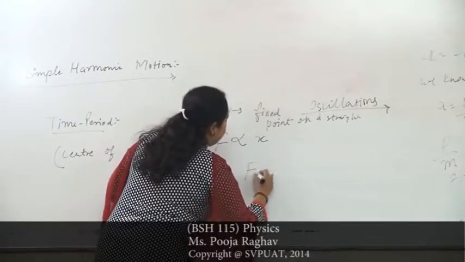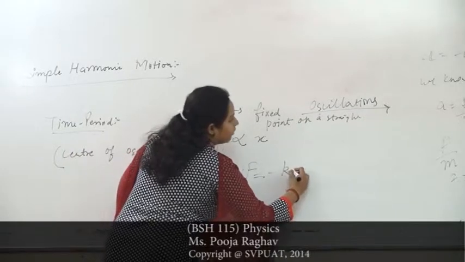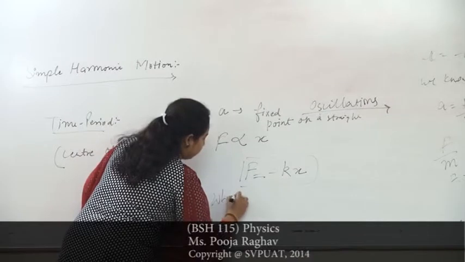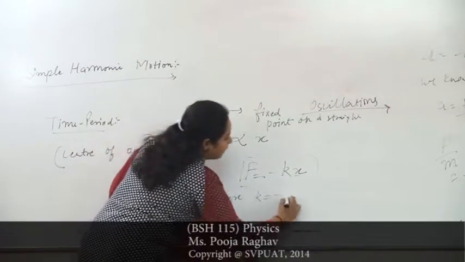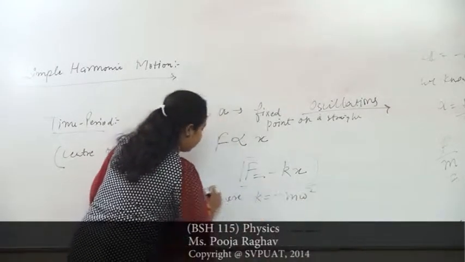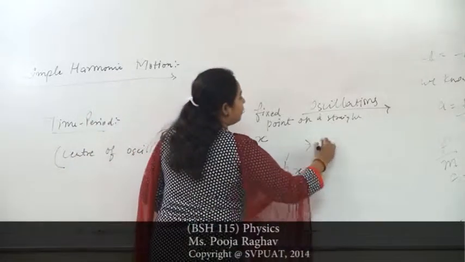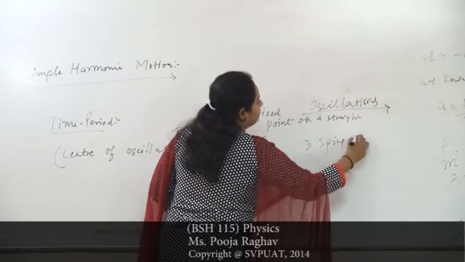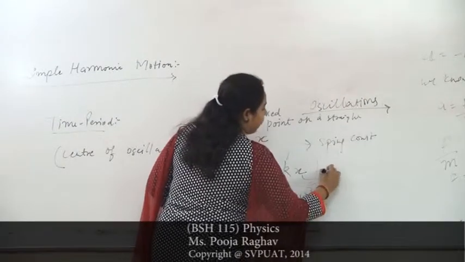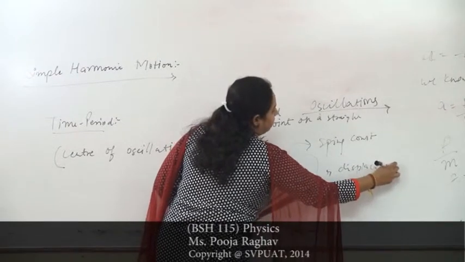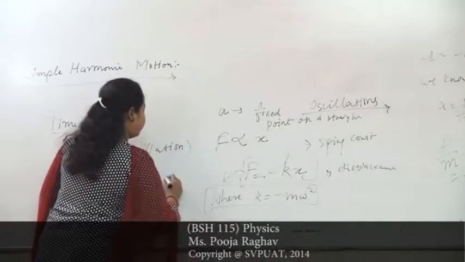If we put a constant minus k, where k equals m omega square, here k is the spring constant, x is displacement, and F is force.